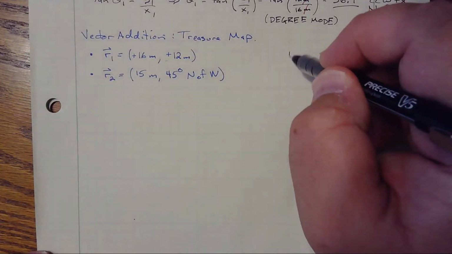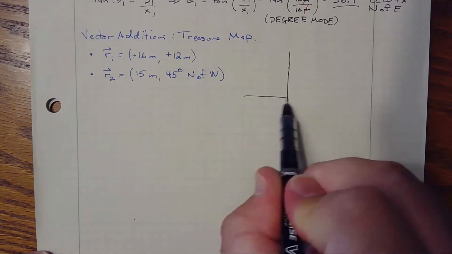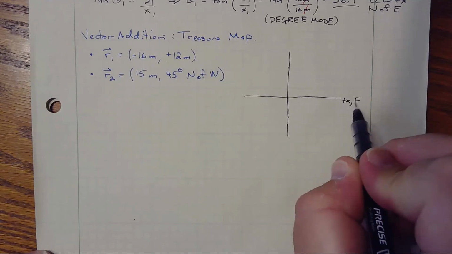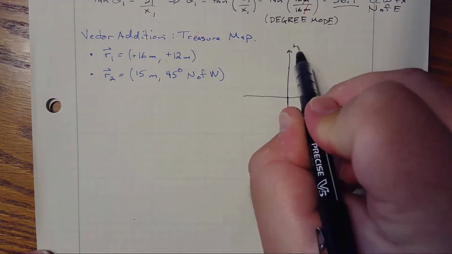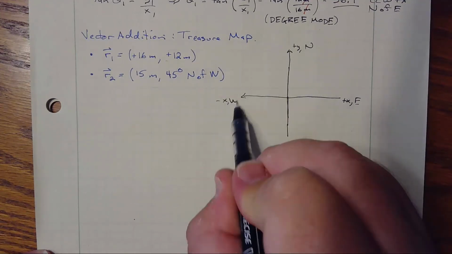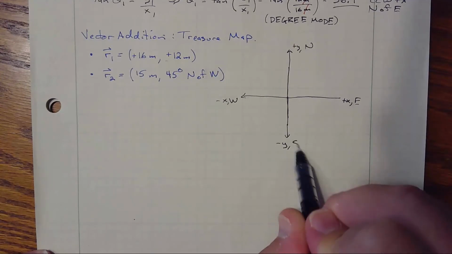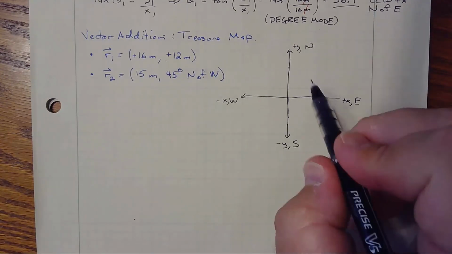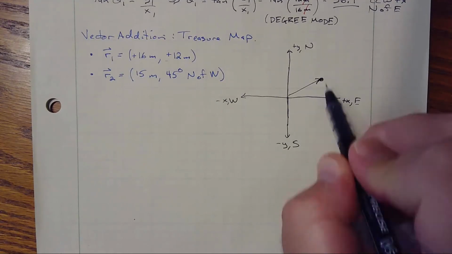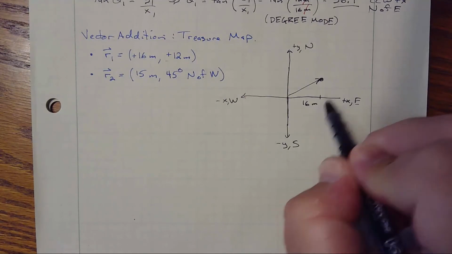If I draw my new set of coordinate axes, and now I'm going to include all of the directions, so plus x is east, plus y is north, minus x is west, and minus y is south. So my first displacement vector, r1, let me draw like this. In other words, this was 16 meters this way and 12 meters this way.